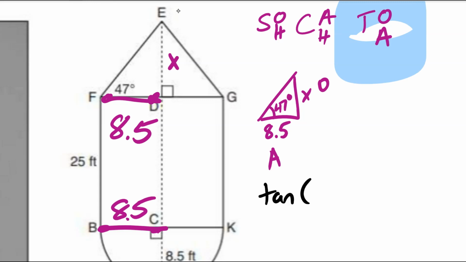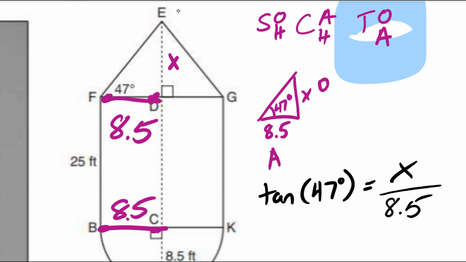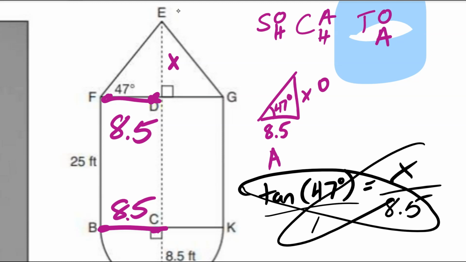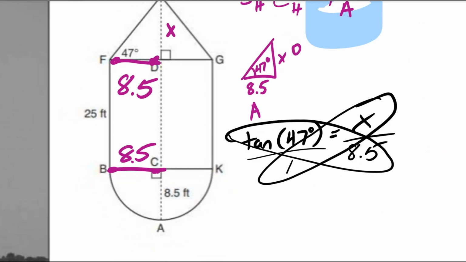The tangent of 47 degrees is equal to my opposite side divided by my adjacent. I can put this over 1 and cross multiply. And again, make sure your calculator is in degree mode for this. You should get that the height of the cone is about 9.115 feet.